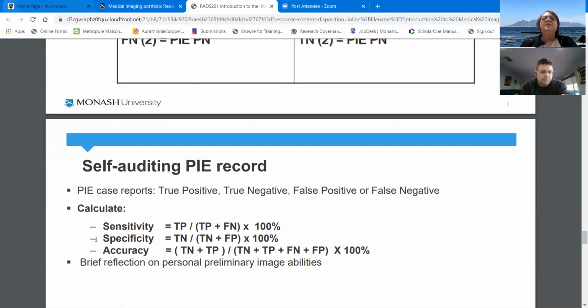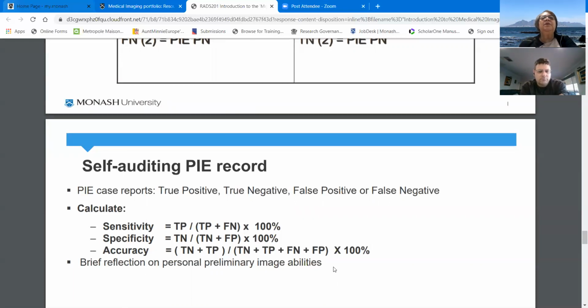And then you work out the specificity, which indicates how good you are at excluding abnormalities, so identifying the normals. And then the accuracy is an overall accuracy rate that you work out. These stats are then included in your report.